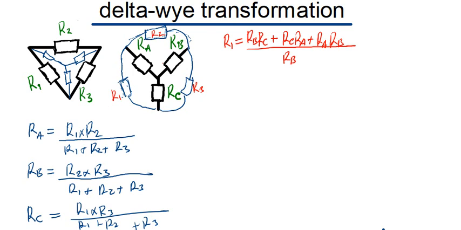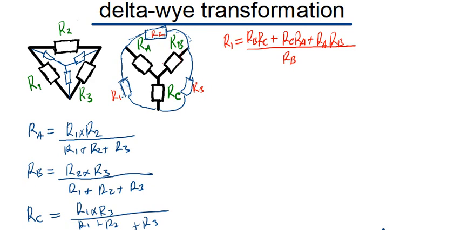I observe that my R1 is opposite RB. Then I move in a clockwise direction, multiplying RB times RC, RC times RA, RA times RB, until I finish all of them. Then I divide by this particular one.